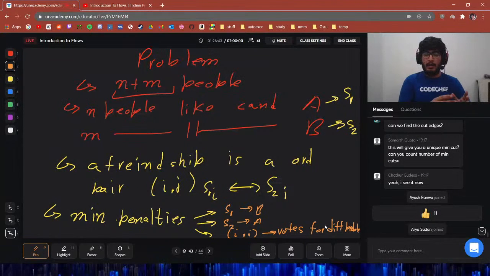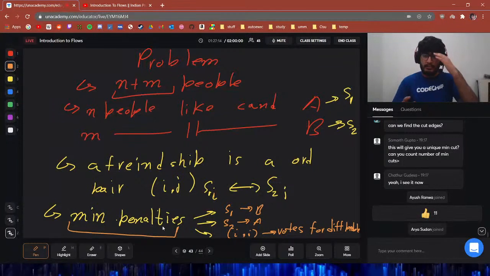Basically, if the ith person in set 1 votes for A and the jth person votes for B, then the friendship is going to break, or there is going to be some hate developed there. So that is also a penalty. We do not want mutual friends to vote for different people. So we just have to find the minimum number of penalties here.